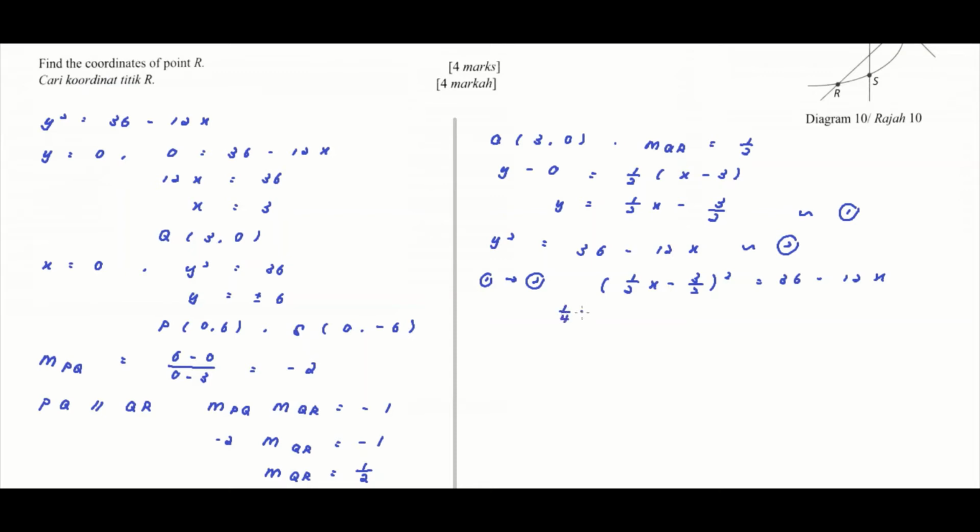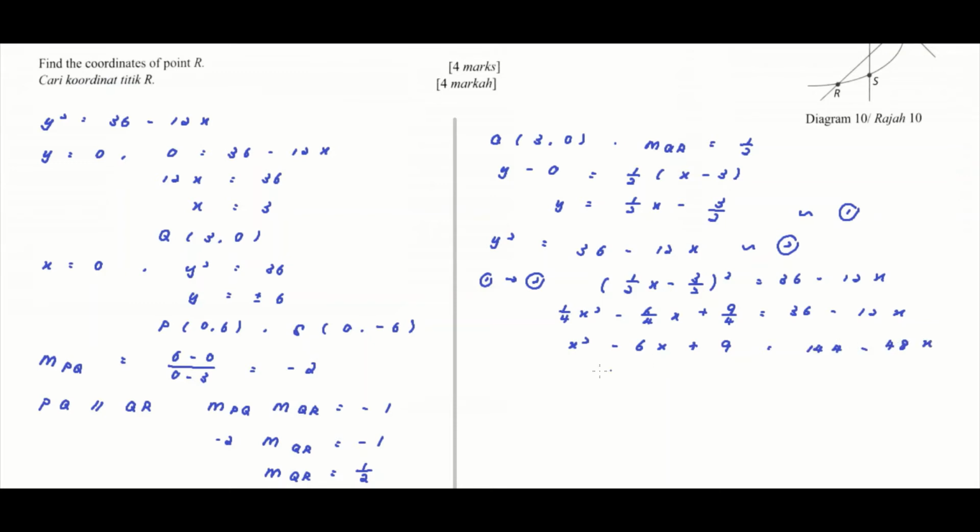So 1 over 4 x squared, then minus 6 over 4 x plus 9 over 4 equal to 36 minus 12x. I'm going to multiply everything by 4. So x squared minus 6x plus 9 equal to 144 minus 48x.